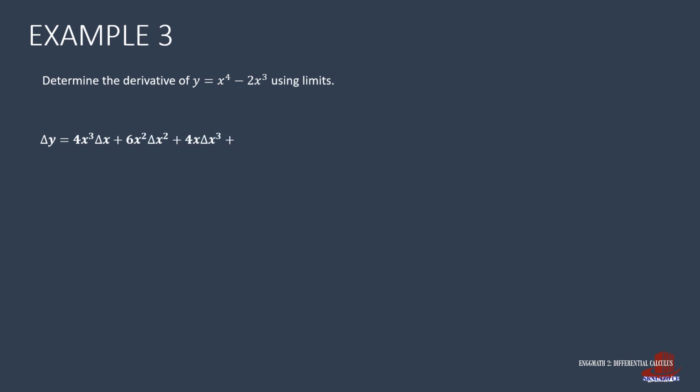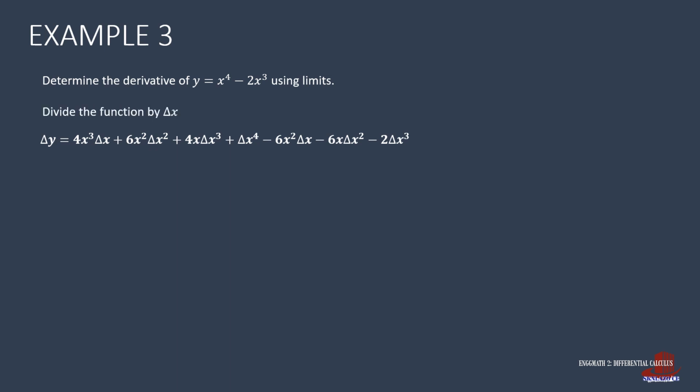The reduced function is delta y is equal to 4x cubed delta x plus 6x squared delta x squared plus 4x times the cube of delta x plus delta x raised to 4 minus 6x squared delta x minus 6x times the square of delta x minus 2 times the cube of delta x. The function is still seemingly long, but then it has already been reduced.